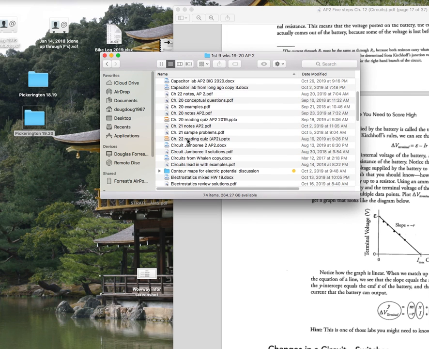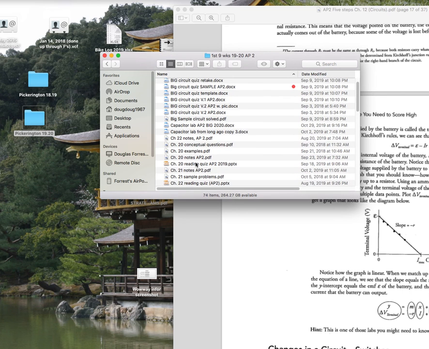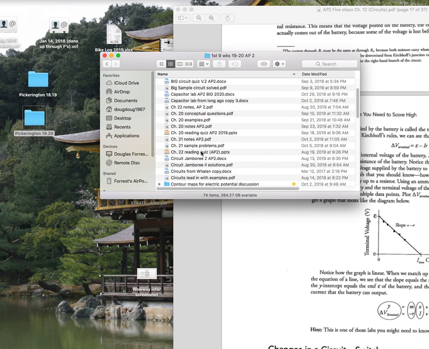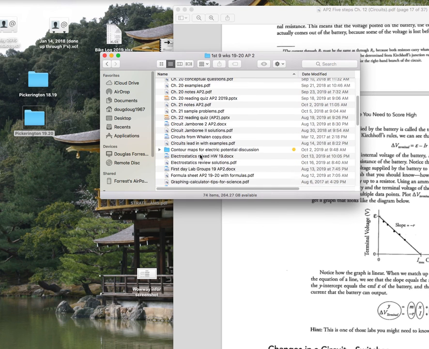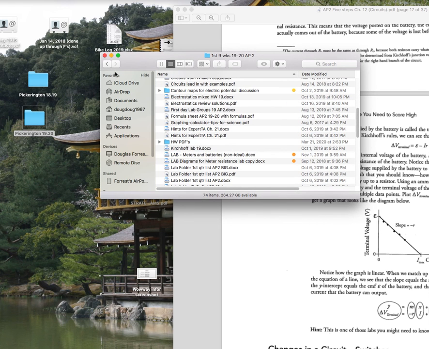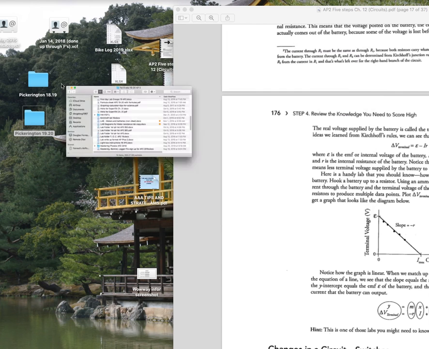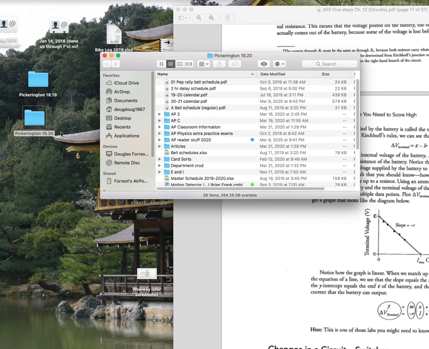Why do I not find that? Oh well, I don't know where it is. Meters, ammeters and batteries. Let me check something here. Oh, that was this year, wasn't it?